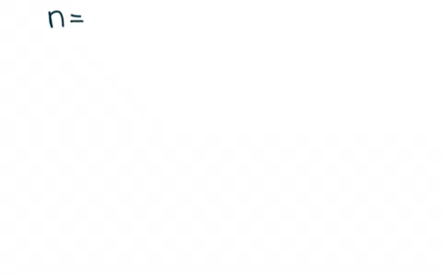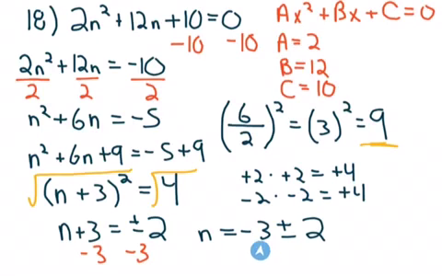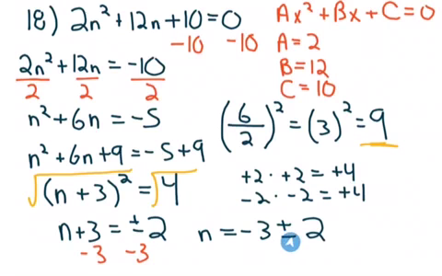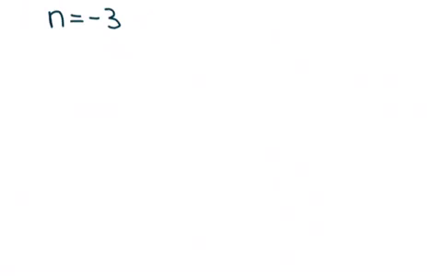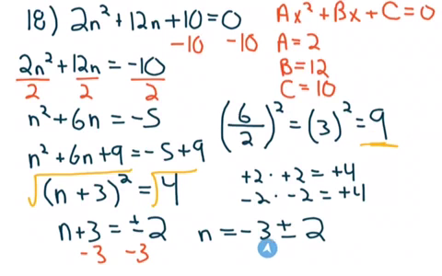N is equal to negative 3 plus or minus, so let's start with our plus 2, or it could be n is equal to negative 3. Now, remember, we want to keep this the same. We're not saying that this is plus or minus. This has to be a negative number.